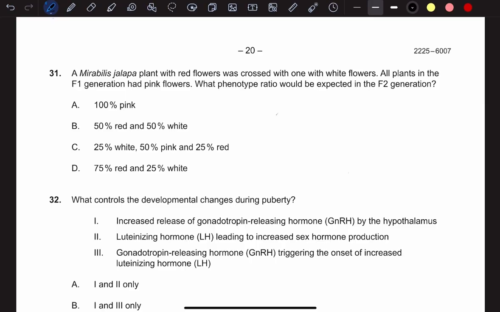Now, how would this actually work? Well, I'll make a nice little illustration for you guys. So we will make our red friend over there, and then we have a white one. What's the other one? Pink. Pink is the product, their child.